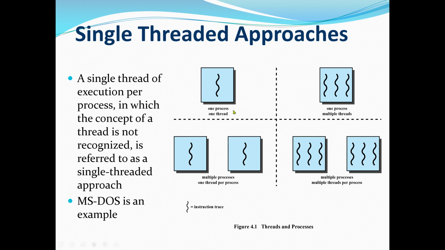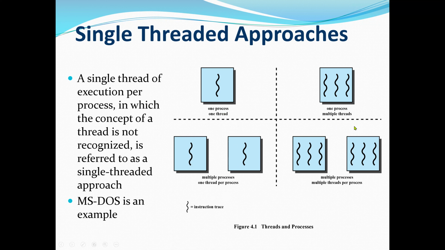On our left side, we have the single thread approach. The two arrangements shown in the left half of our figure 4.1 are single threaded. Microsoft DOS, or MS-DOS, is an example of an operating system that supports a single user process and single thread.